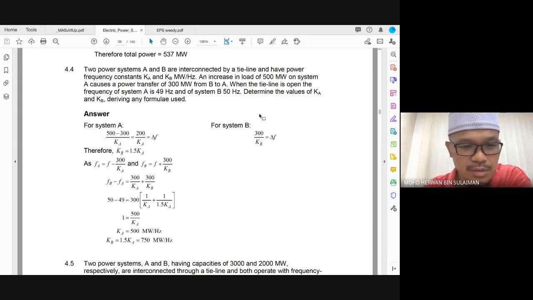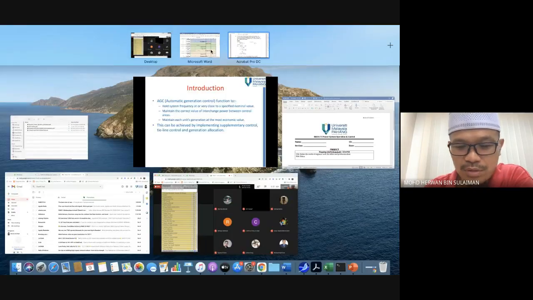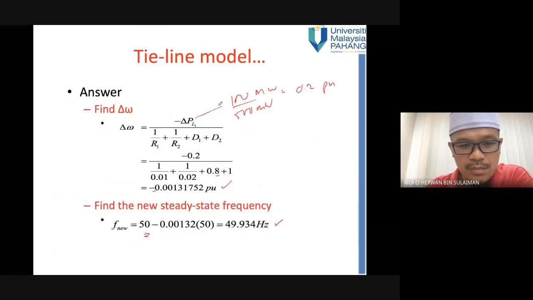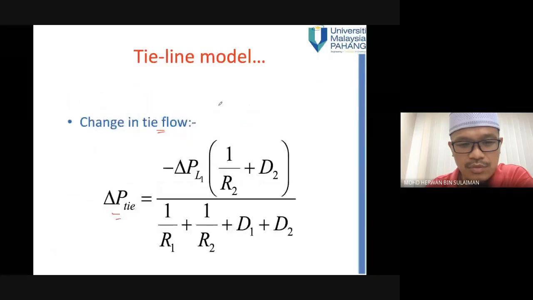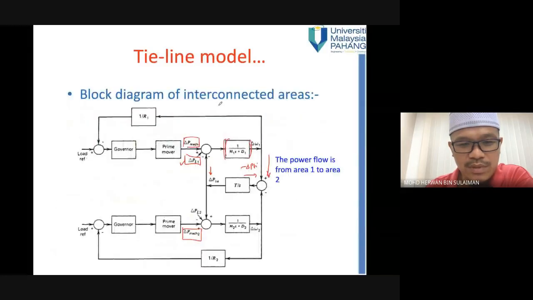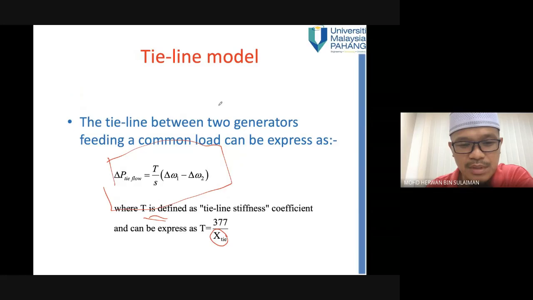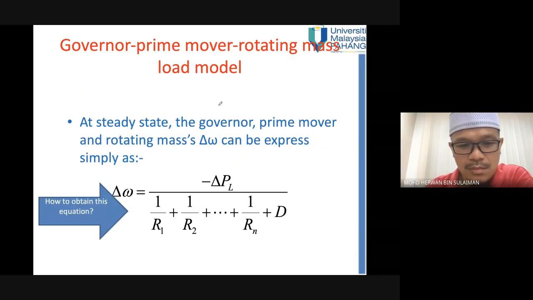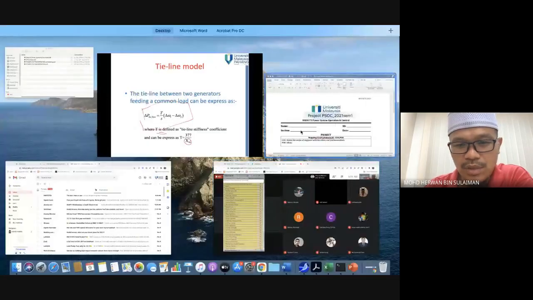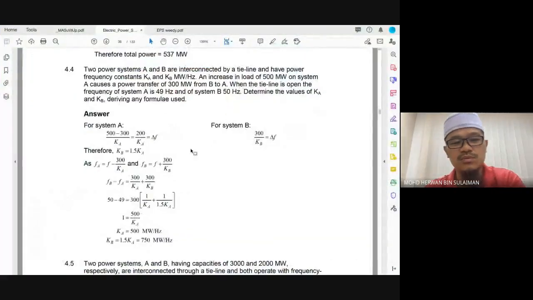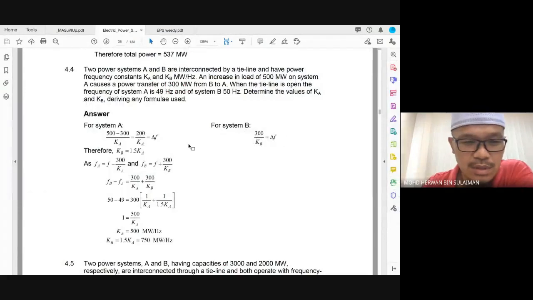So basically, what we have in the notes here, you need to refer to the question when the question is given like that. You need to understand what the question is and what you want to solve. So let's say here you have two power systems A and B interconnected by the tie line.